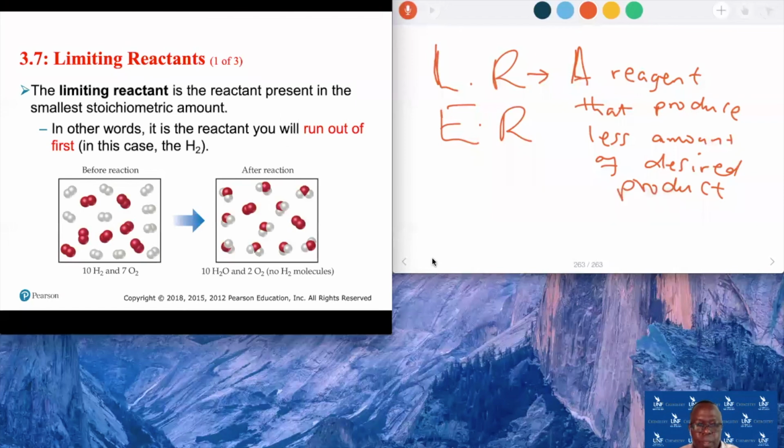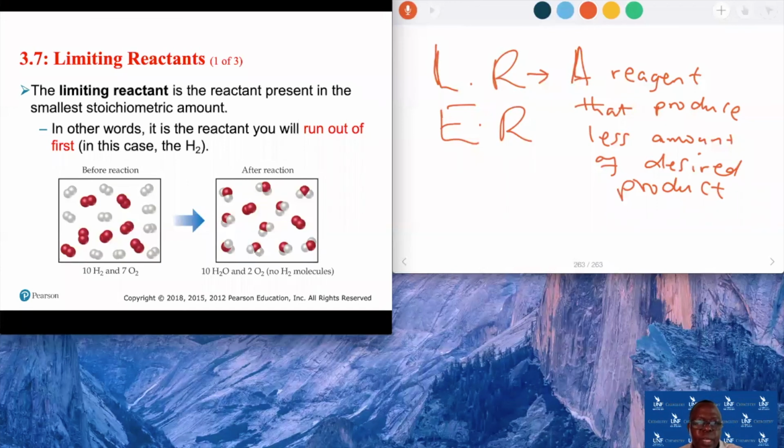Sometimes you may be given a visual diagram and asked which one is the limiting reagent and which one is the excess reagent.